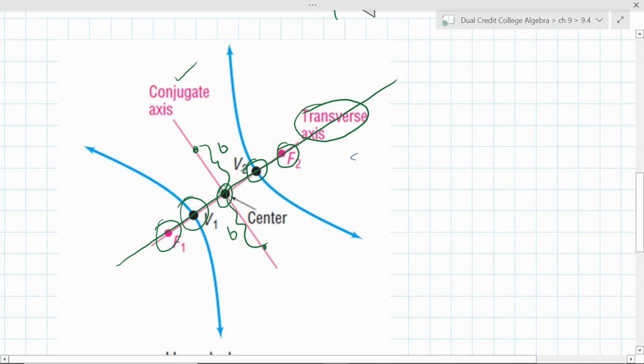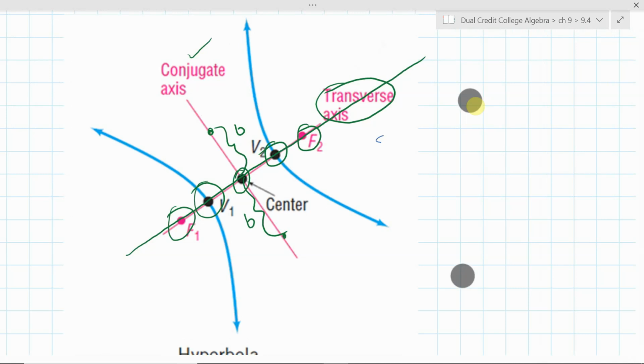But that point actually is not on the hyperbola, but it does have an important feature to it.